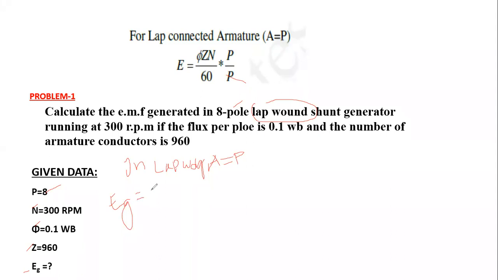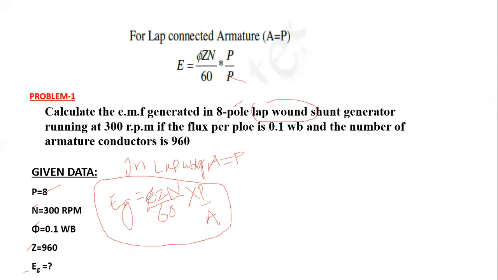Eg equal to phi Zn by 60 into P by A. This is the EMF equation of a DC generator, where Eg is the generated EMF and phi is the flux per pole.